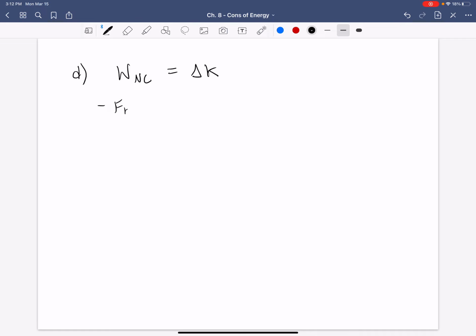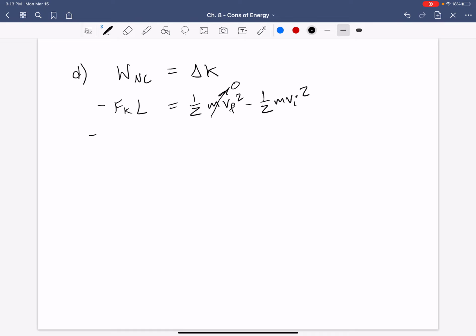So the force is the kinetic force, the distance is L, and it's a negative because, again, they're in opposite directions. And here, it's 1/2 m v final squared minus 1/2 m v initial squared. Almost done. The final speed, we know what that is: 0.